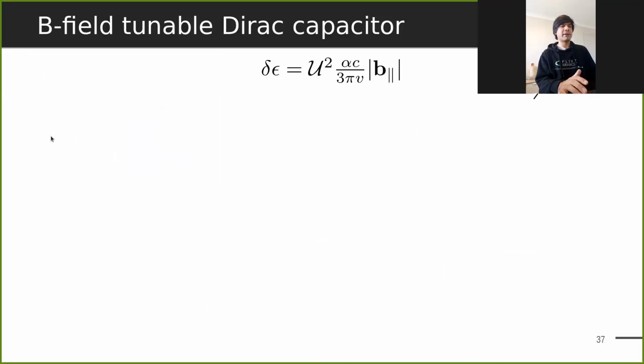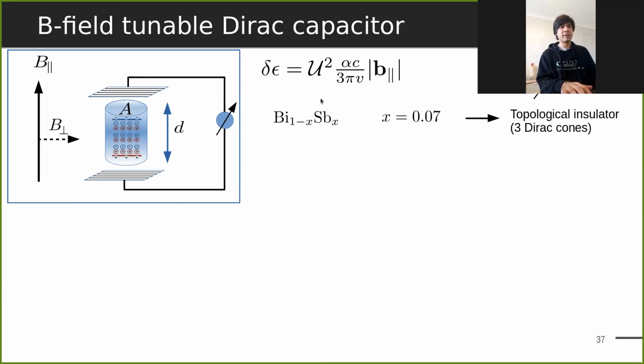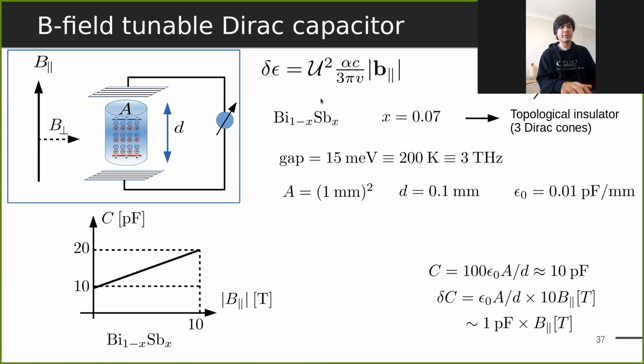And by far the largest effect we predict is this E-field tunable Dirac capacitor. From the energy density, we get a simple formula like this. If you apply it to bismuth antimony, as I showed in the beginning of my talk, you get a base capacitance of 10 picofarad and 1 picofarad for every applied Tesla in the parallel direction.